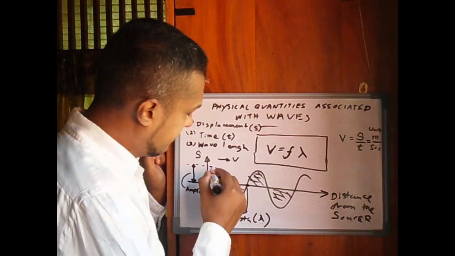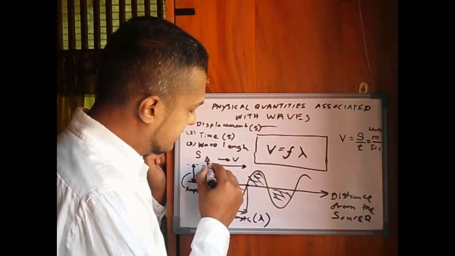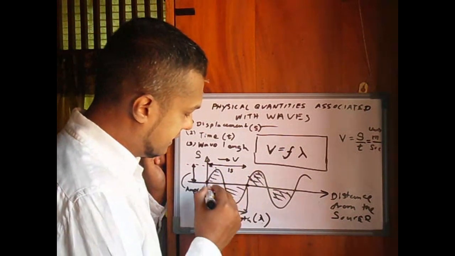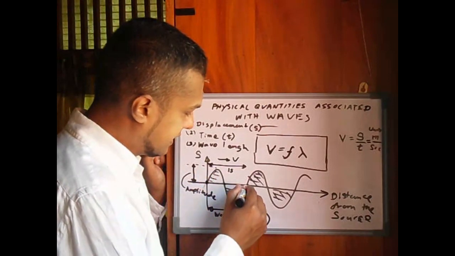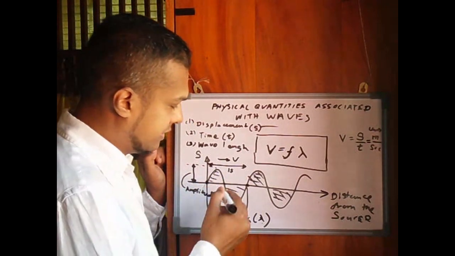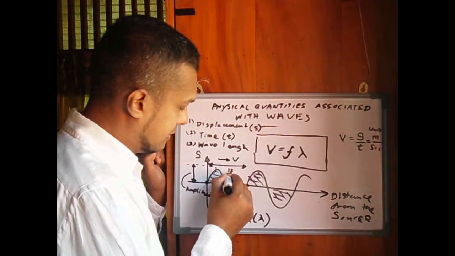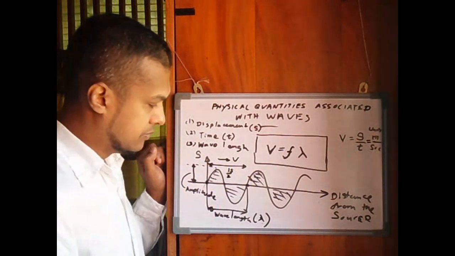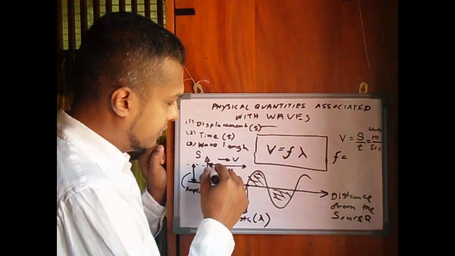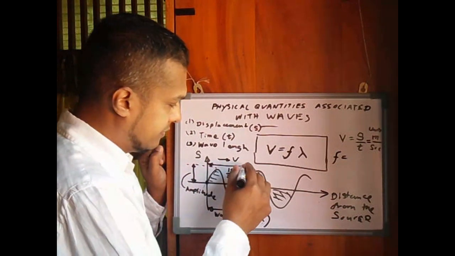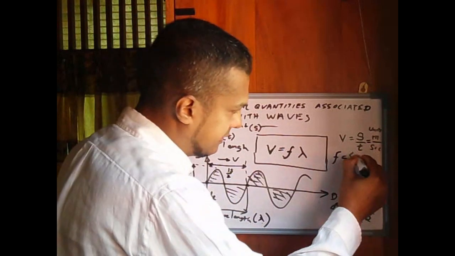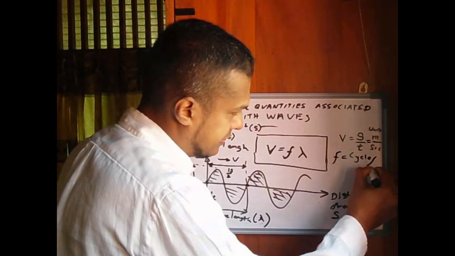For example, if this is half a second, and it's one cycle in that half a second, frequency would be the amount of cycles within a certain period of time, so cycles per time.